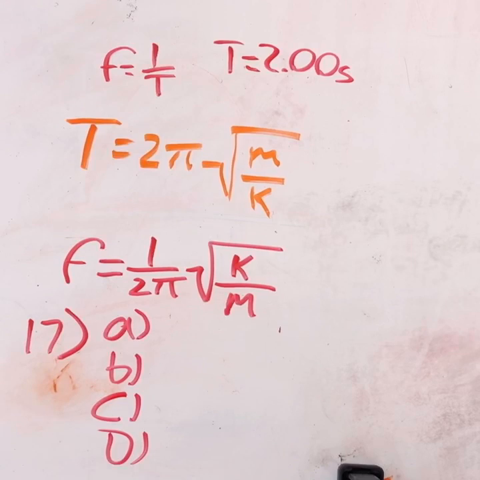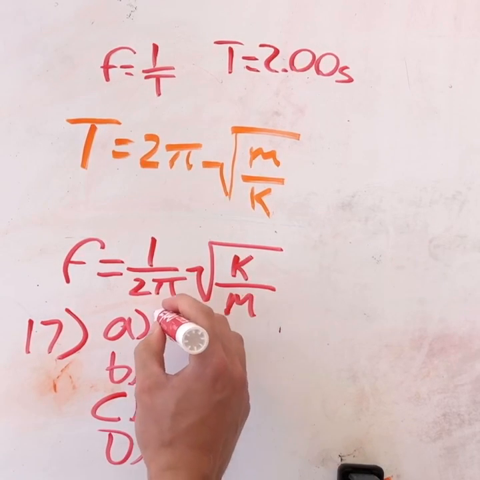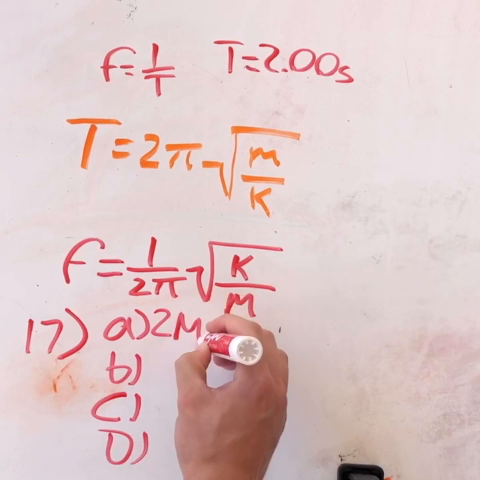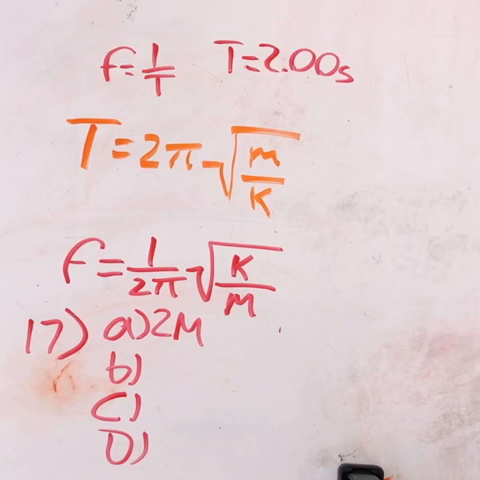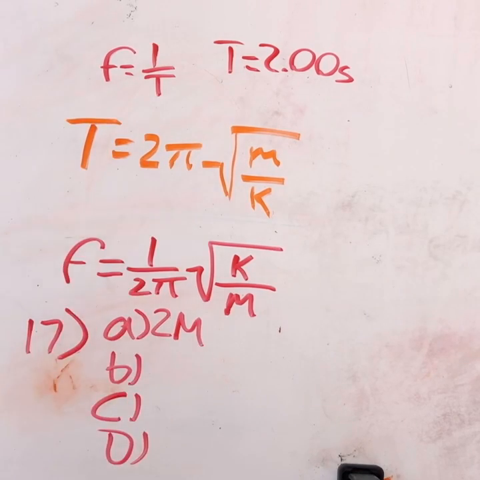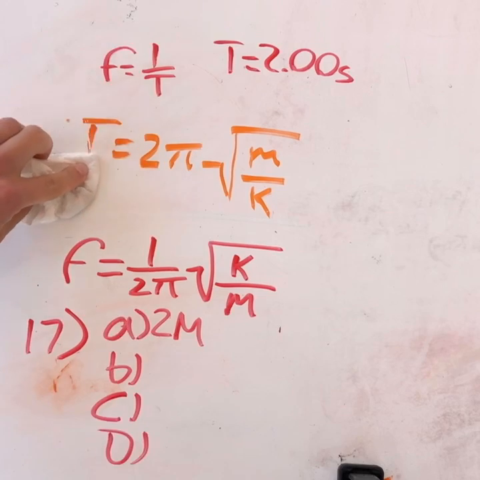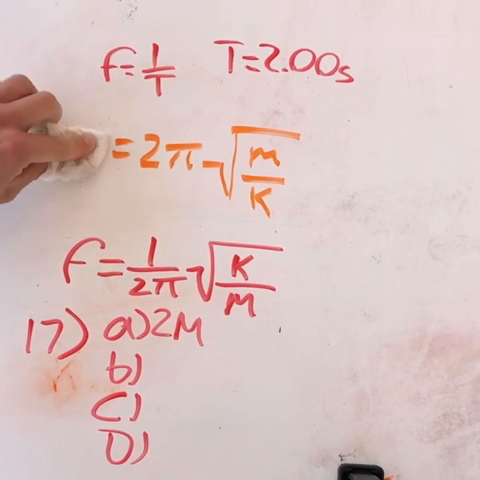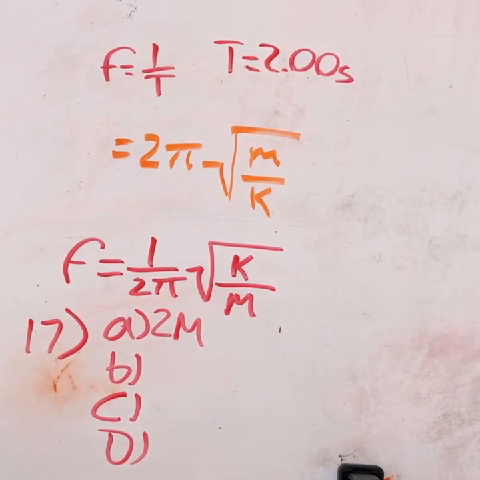A wants to know what happens if the mass is doubled, or if we have 2m. What happens to the period if the mass is doubled? Well, there's a couple of ways of thinking about this. One way is that we already know that the period is 2 seconds, so we can plug that into our formula.